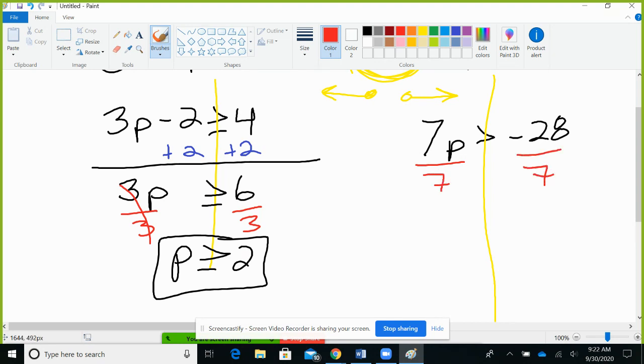Divide both sides by 7. We get p is greater than negative 4.